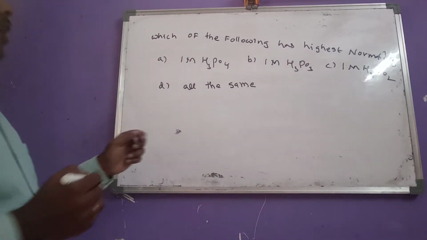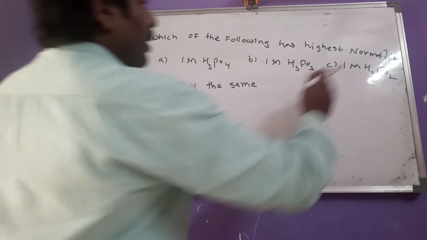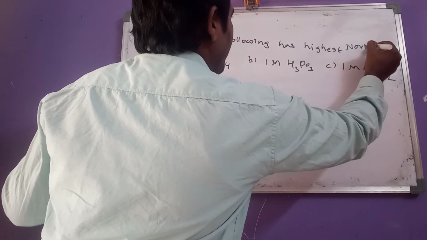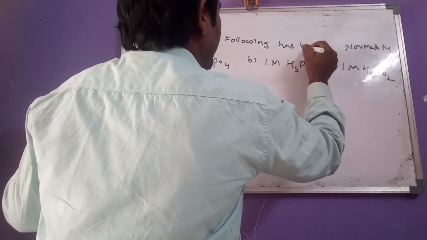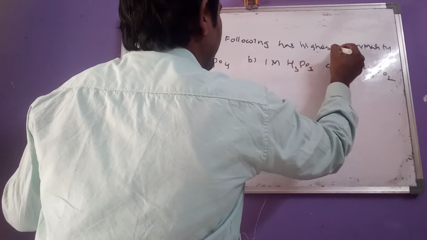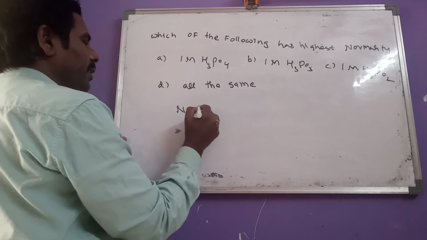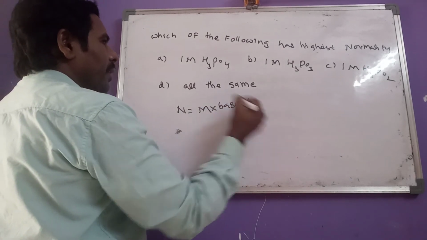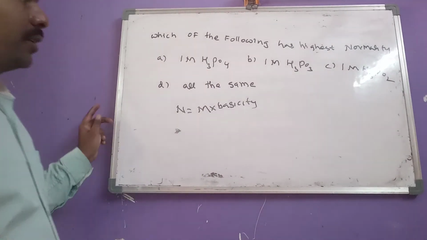So we have to calculate normality first. How to calculate normality here? What is the formula? Molarity into basicity. What is the basicity of H3PO4?